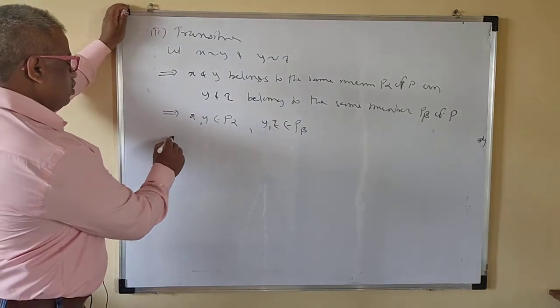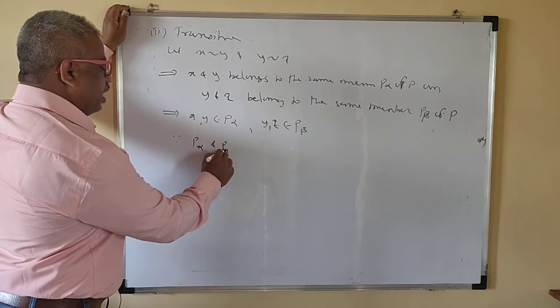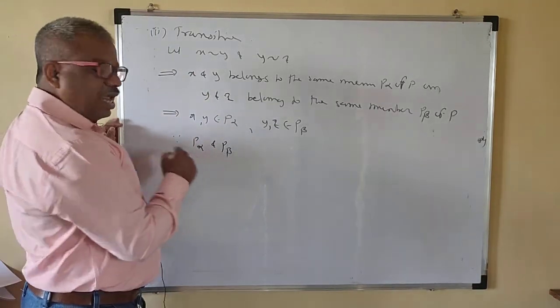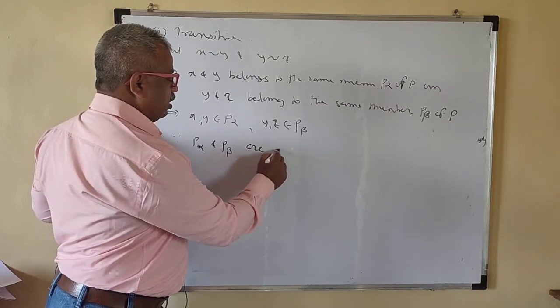Okay. Now since P_alpha and P_beta are the members of the partition, that means they are either identical or disjoint.